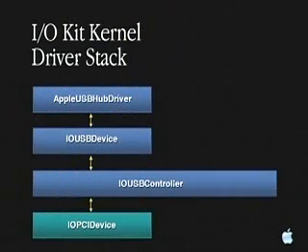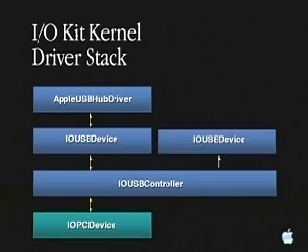Well, the I/O USB controller can have more than one child or client that it is a provider for, and so it instantiates another C++ kernel object in I/O Kit that is an I/O USB device representing these speakers.